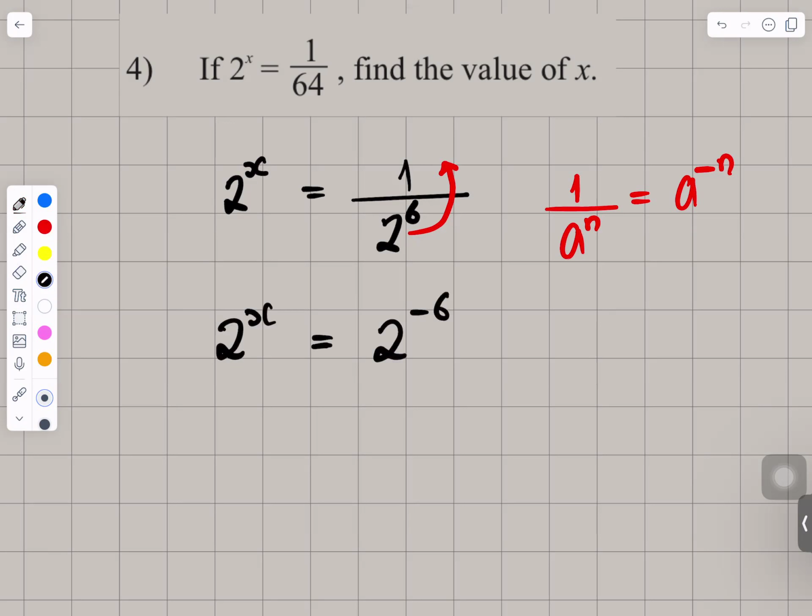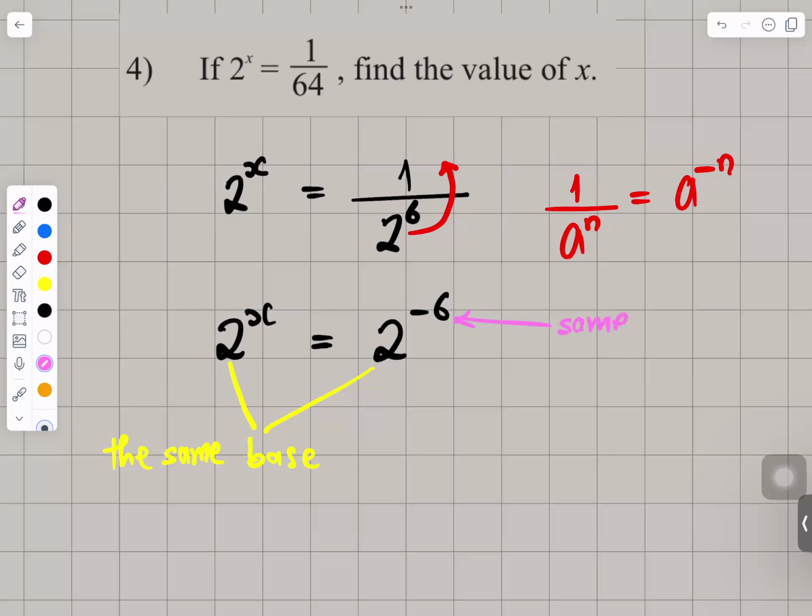Now the 2 underneath is the base. This 2 and this 2 are the base, and they are the same. The same base, so their powers will be the same.